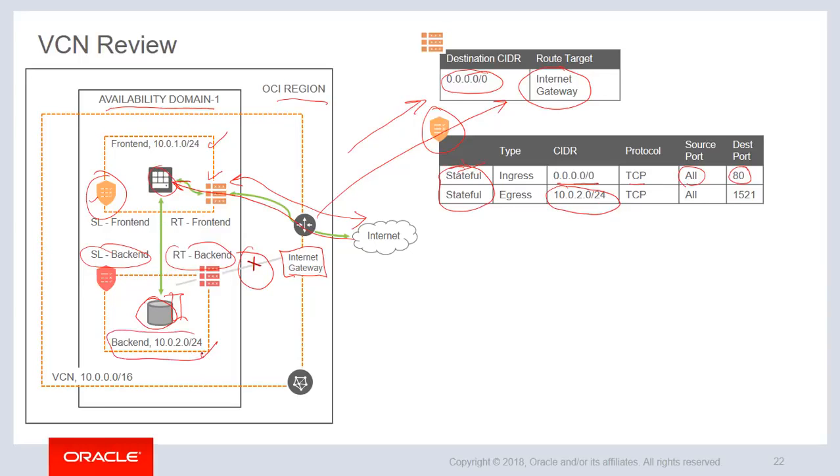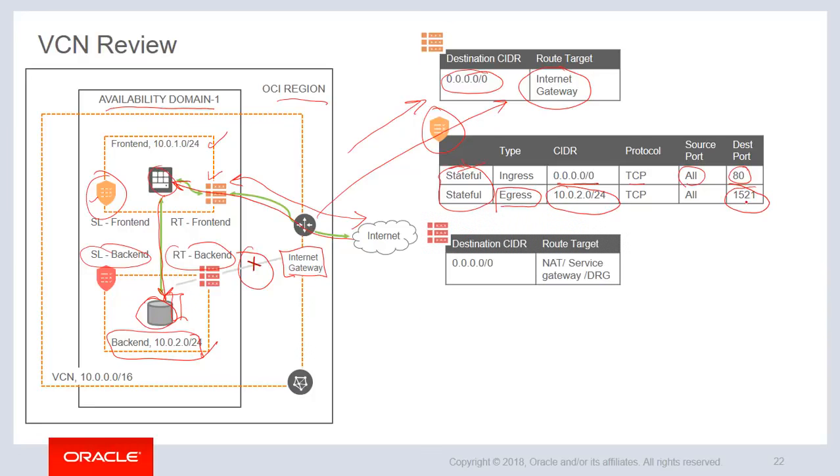So the traffic is only going here, and only on port 1521. So I'm running an Oracle database which is listening on this particular port. So just keep in mind that this is my outgoing traffic, and this traffic here is only going to port 1521. And because it's stateful, I can receive connection responses from there as well.